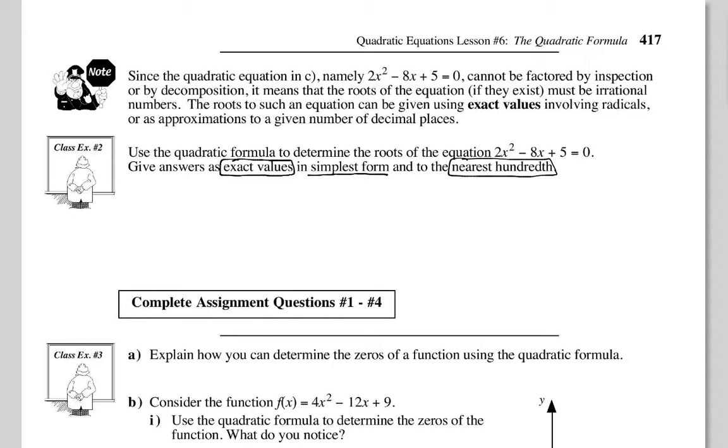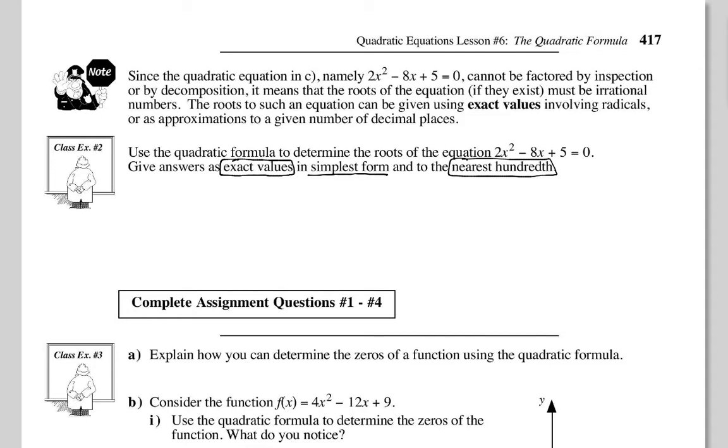Compare 1.414 to square root 2. Square root 2 is called exact, whereas this 1.414 is called approximate. Because one of them is a decimal that you have to round, the other one is exactly it. So when it asks for an exact value, you do not convert to decimal. This one wants both, and I'll explain to you when it shows up.